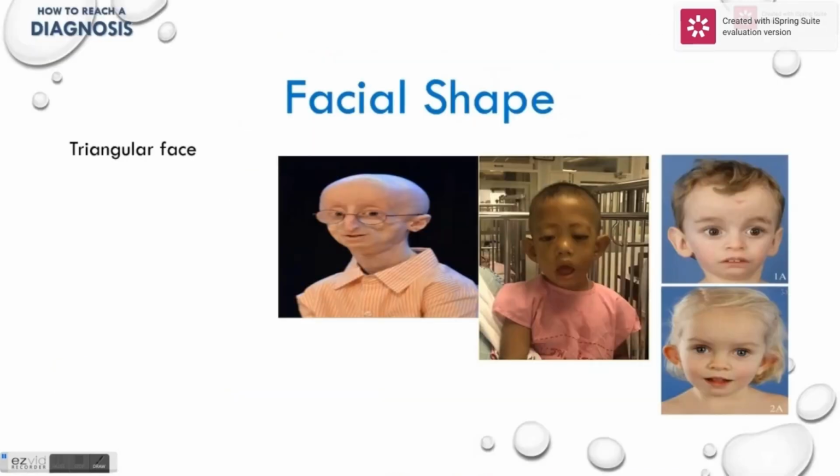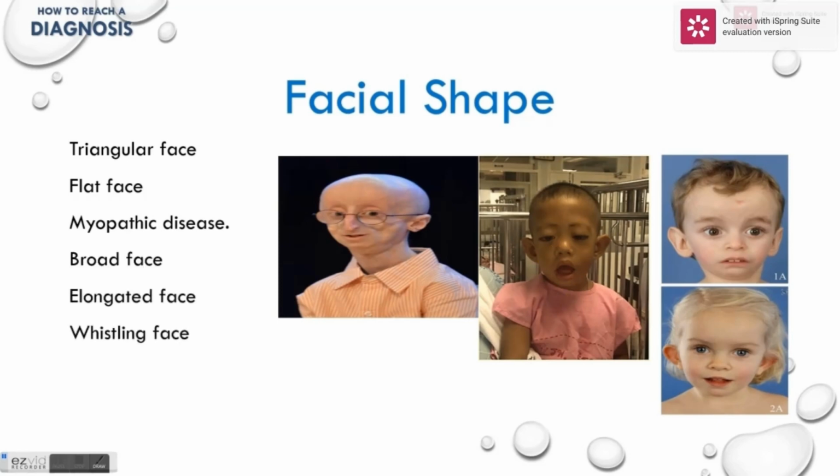The facial shape is important. For example, triangular face, flat face, myopathic face, like this child, broad face, elongated face, whistling face, premature aged face, like in this child or this adult. And mid-face hypoplasia is a part of the facial shapes.